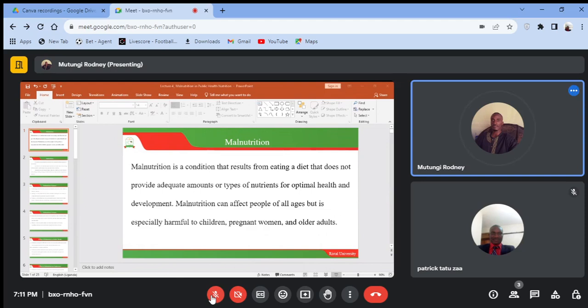So the effects of malnutrition, we realize that it can negatively affect public health, such as increased morbidity, which is illness, and then if you're ill and not treated early enough, or if the condition has gone further and you're not responding, then you are going to end up dying, which causes increased mortality.